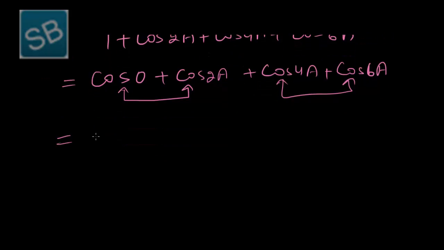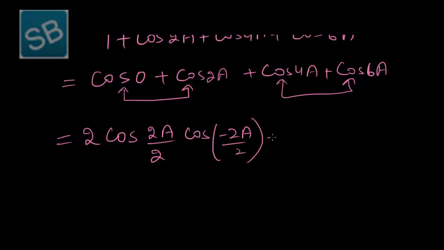So we will convert by using these two, and by using these two, cos c plus cos d. So we will get 2 cos (c plus d) over 2, that is 0 plus 2a over 2, and cos (c minus d) over 2, that is minus 2a over 2, plus here we will get 2 cos (c plus d), that is 10a over 2, into cos (c minus d), that is minus 2a over 2, that is 2a over 2.